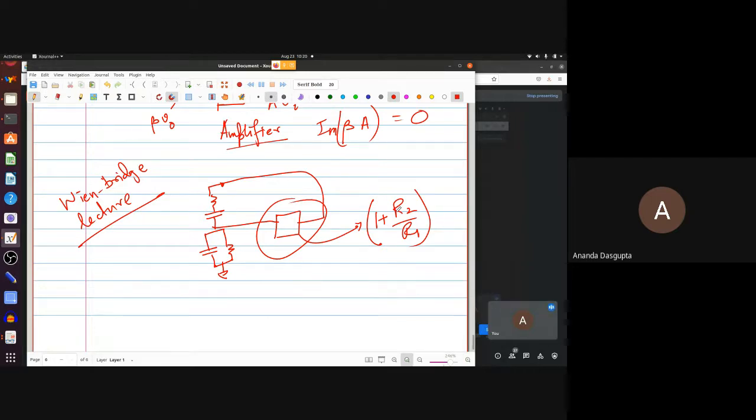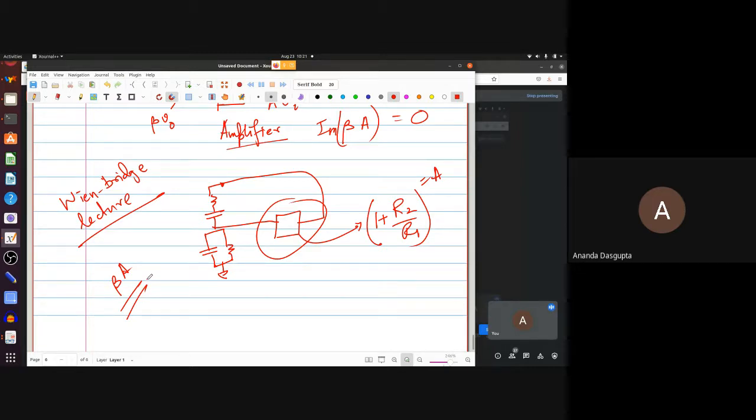The important point here is this. If this fraction beta A were more than 1, this is A that I'm talking about, then a tiny input gets amplified to A times that, comes back as beta A times that, so comes back bigger, right?